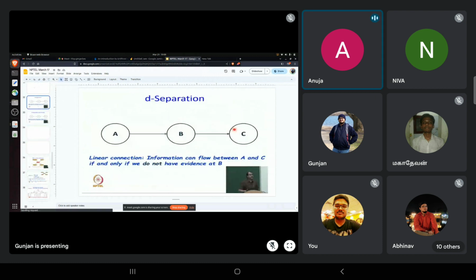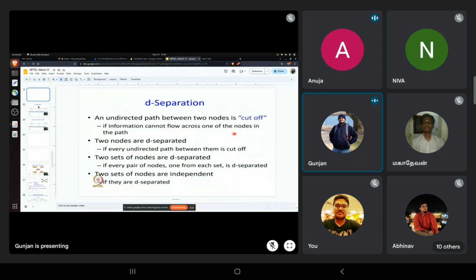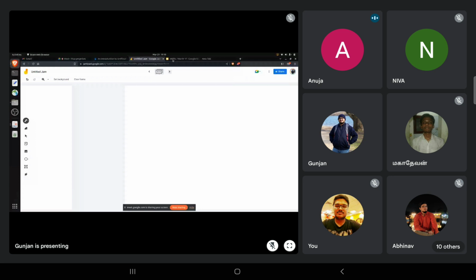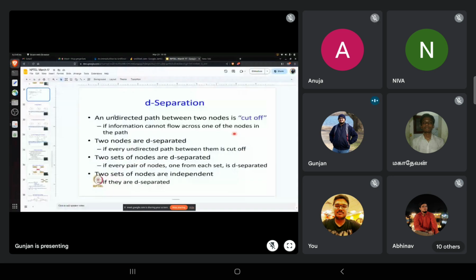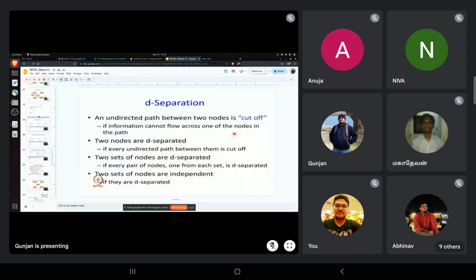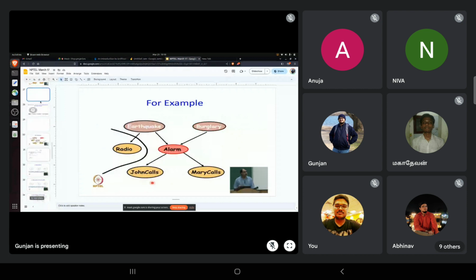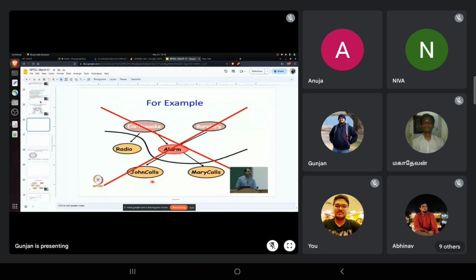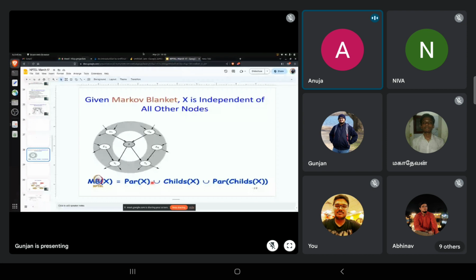Here there are only 2 parents, so alarm is dependent only on burglary and earthquake. If there are more than 2 parents, how to write it? If there are 3 parents and 2 or more children, how to write the independence?